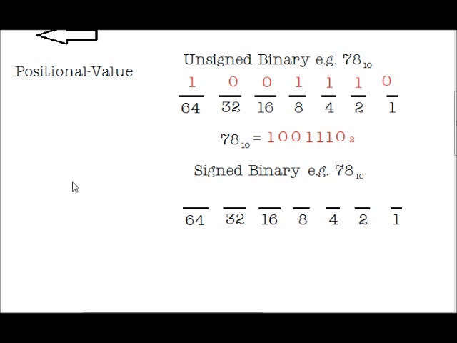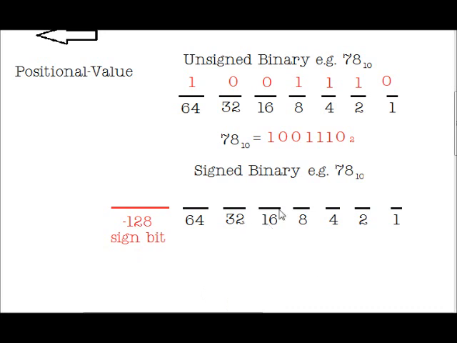So let's add the sign bit. Okay. After 64, the sign bit would have the value of the next binary bit, which in this case is -128.